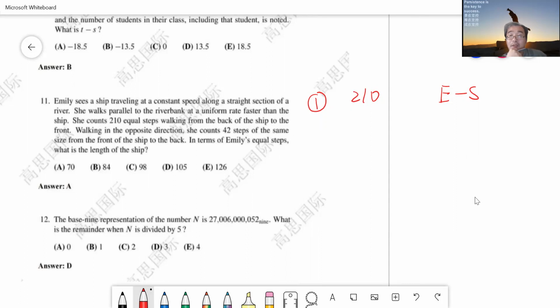They are relative motion speed. Then in the second step, there are 42 steps, and the relative motion speed is going to be E plus S.